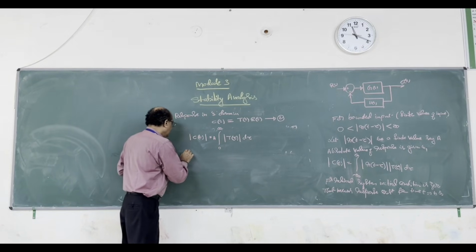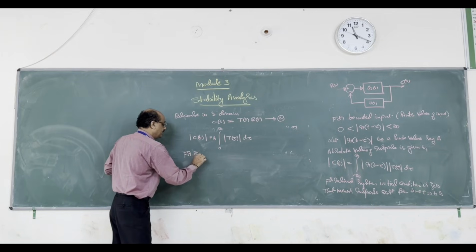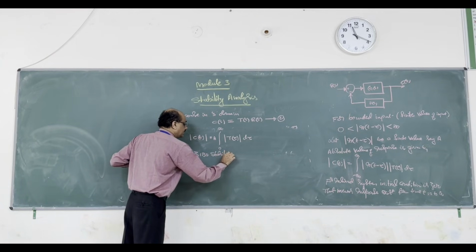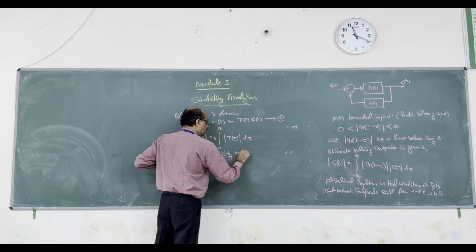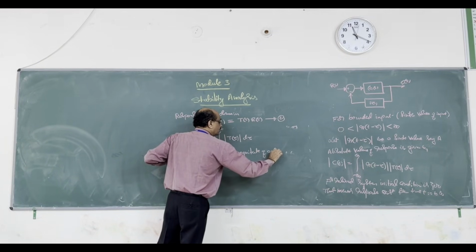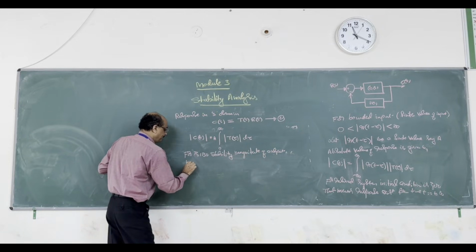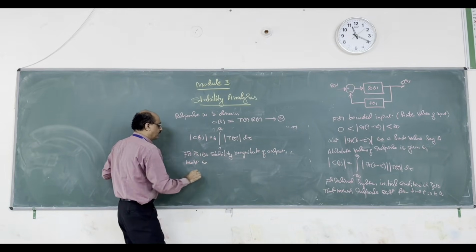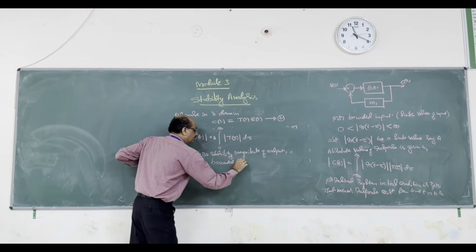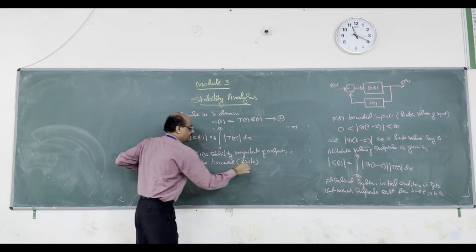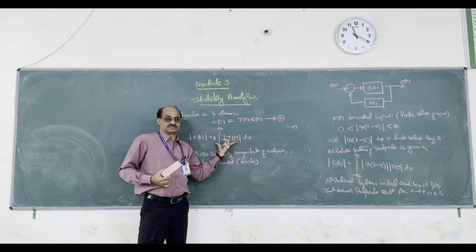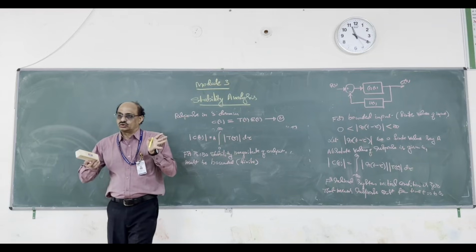So for BIBO stability, the magnitude of output must be bounded, which means finite. This should be within 0 to infinity.